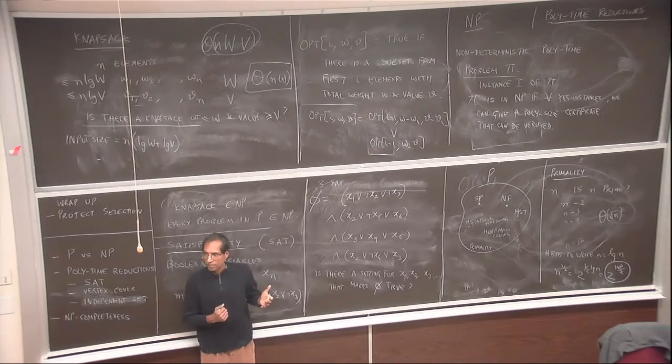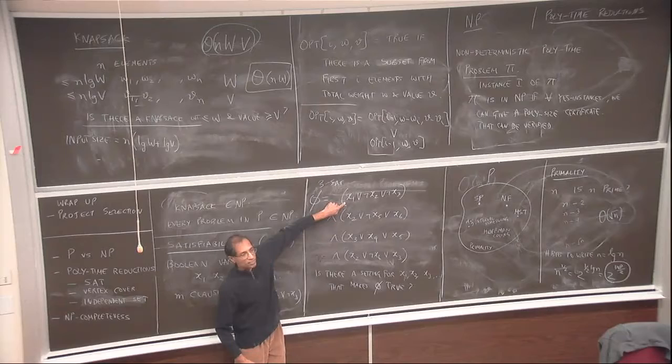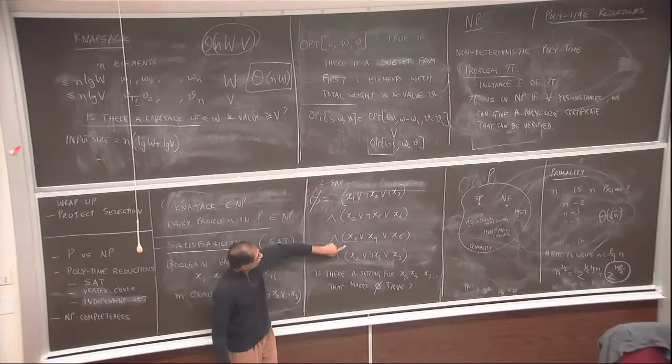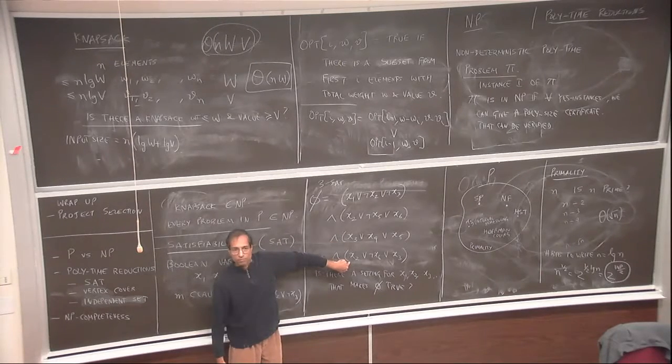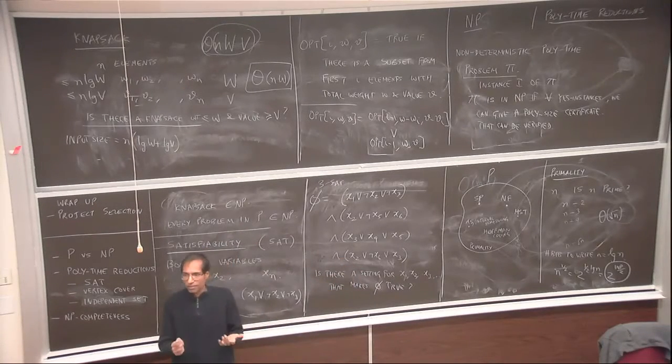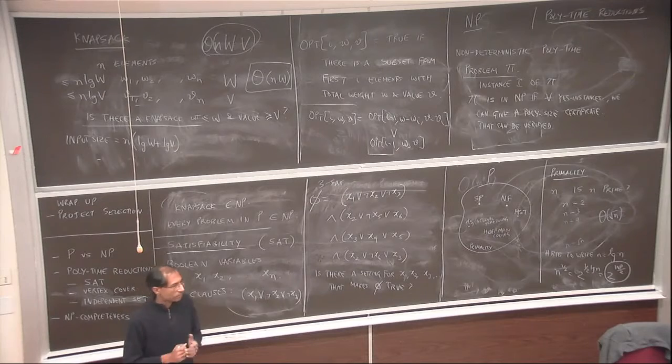And I can check. When I put x1 equals true, I see that this is true. When I put x2 equals true, I see that this is true. When I put x3 equals true, I see this is true. And x2 and x3 are both true, so this is also true. So I can check that. So it's almost trivially in NP. Okay?